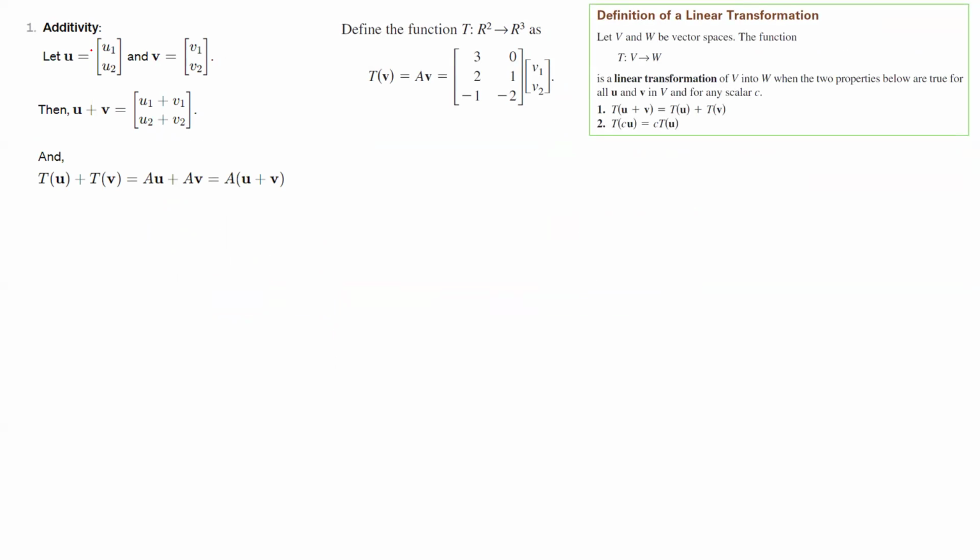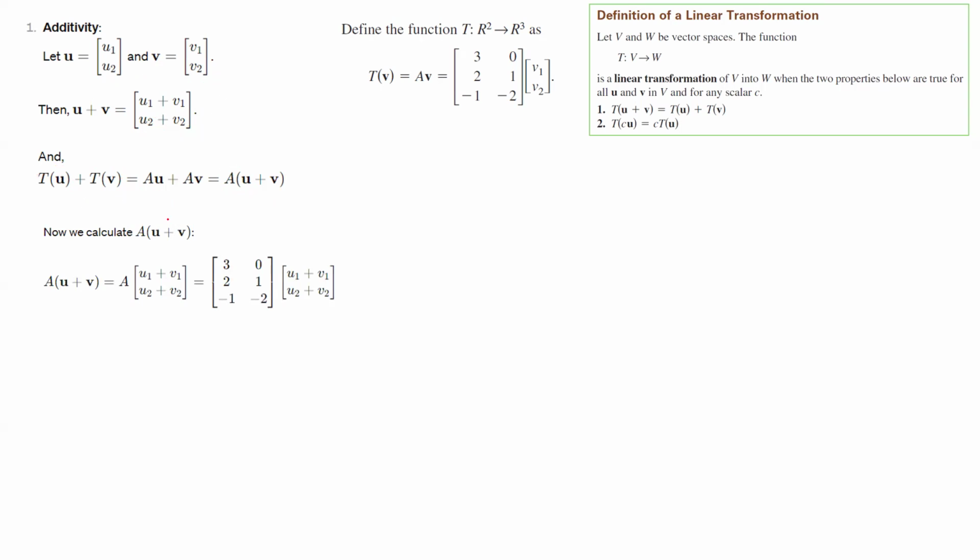Now, to show that T is a linear transformation, take two vectors u = (u1, u2) and v = (v1, v2) in the plane. If you add these two vectors together, (u1 + v1, u2 + v2), then T(u + v), as defined, is A(u + v).